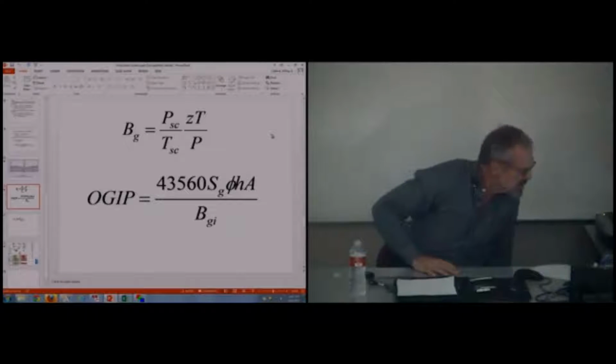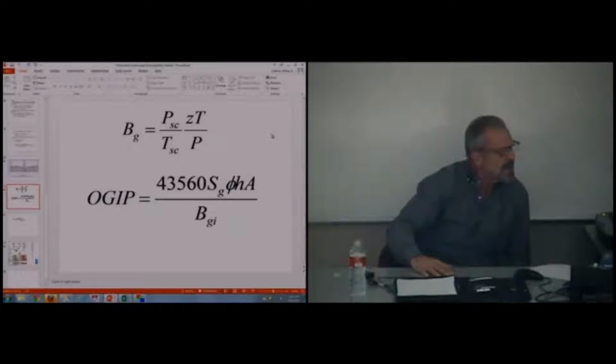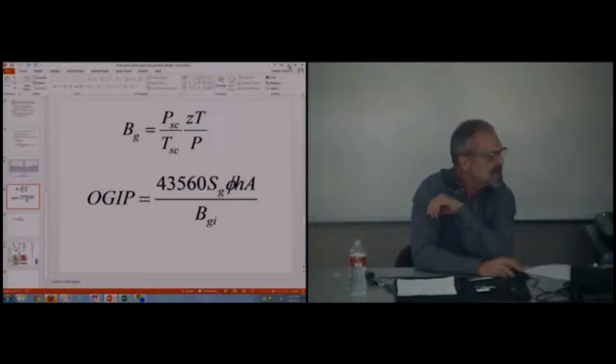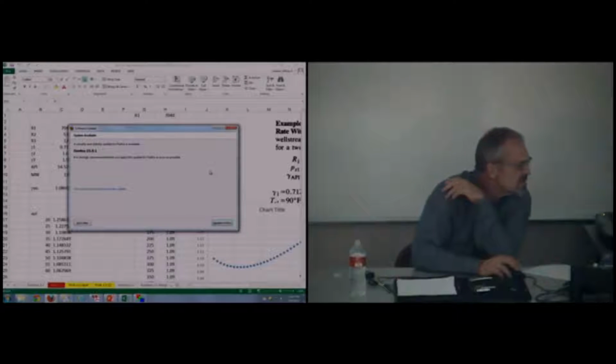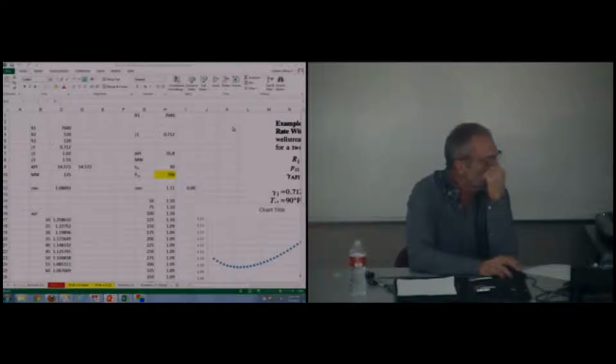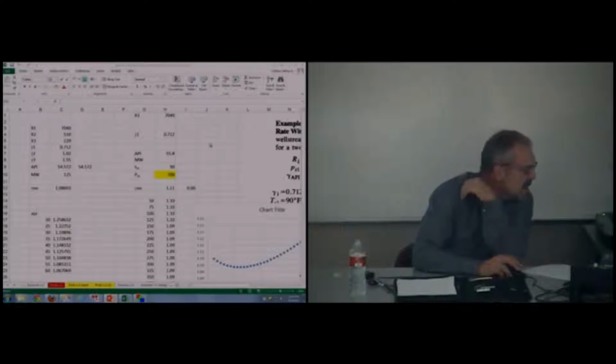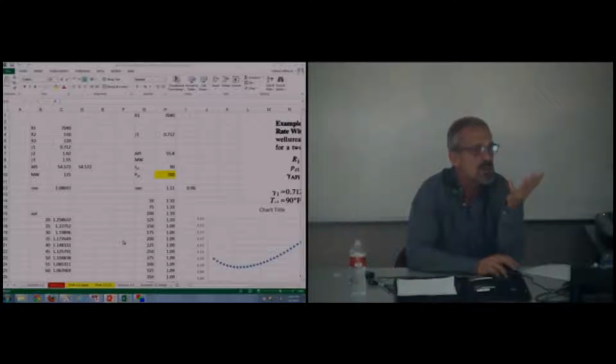Okay, so where are we going from here? In a spreadsheet, now we'll do some calculations, and we're going to stick with this problem we did. I think this was the Sabine gas reservoir. In fact, everything we've done in class is on this one gas reservoir.